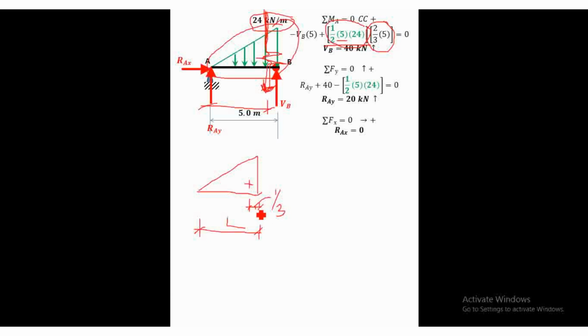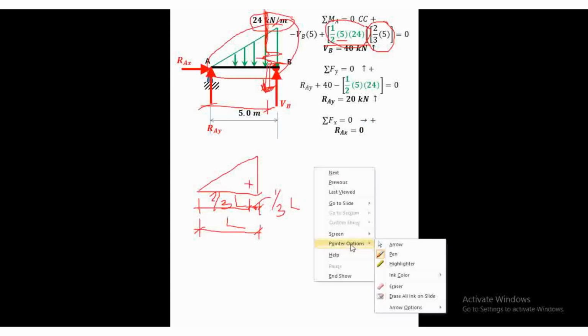So, this distance is 1/3 of your length. Now, the remaining, to the centroid, is your 2/3 of L. Right? That is where I got the 2/3. Okay?